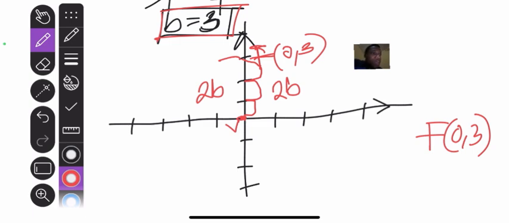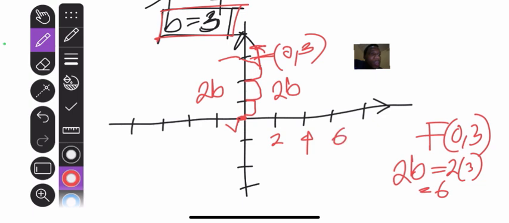So 2b in this case is 2 multiplied by 3, which is 6. It means we are moving 6 units to the right and the left. So I'm using 2, 4, 6, and in the negative direction 2, 4, 6, 8.